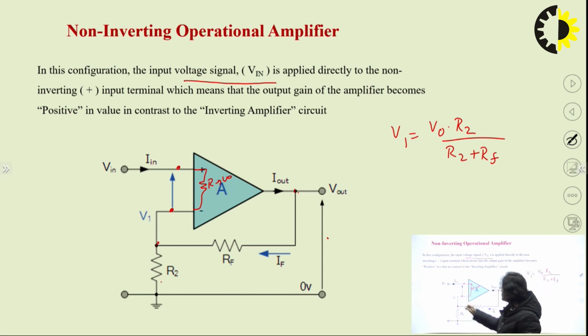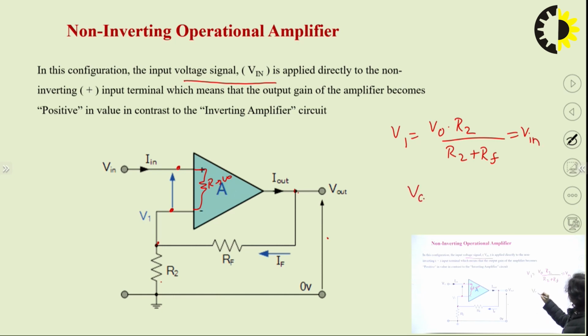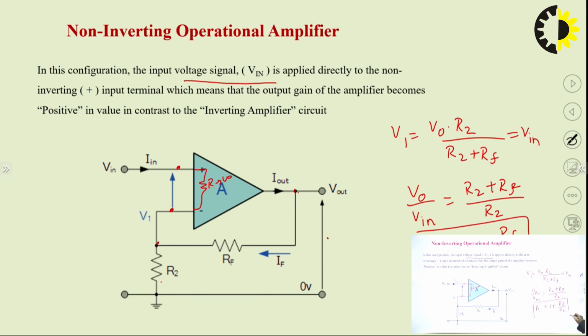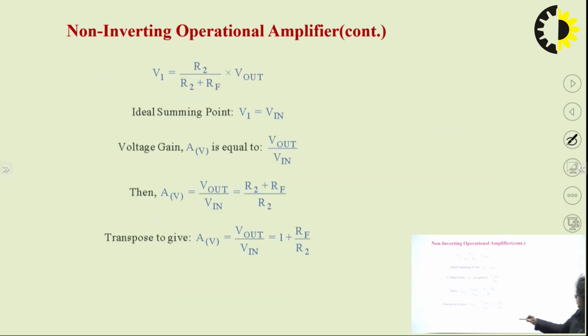So, V1 is equal to Vin, and from here we can derive V0/Vin is equal to (R2 plus Rf)/R2, that is 1 plus RF/R2. So, the gain of the non-inverting configuration is 1 plus RF/R2. We can see this derivation here.